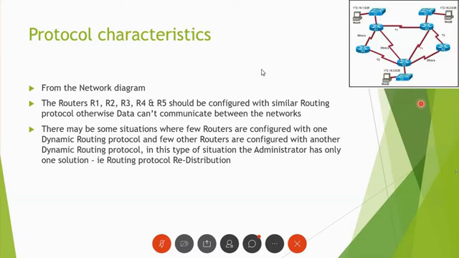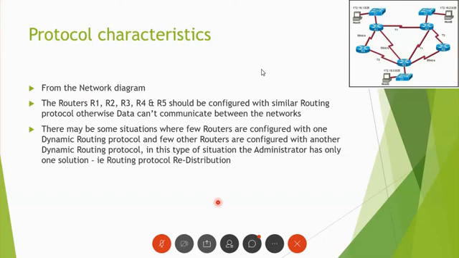If you use EIGRP, we should use EIGRP on all the routers. Only then will we be able to establish communication. Suppose I start speaking in French or German, maybe most of you may not follow because that's a language which you don't understand. That's the reason why we have to ensure that there is a common protocol used on all the network devices.